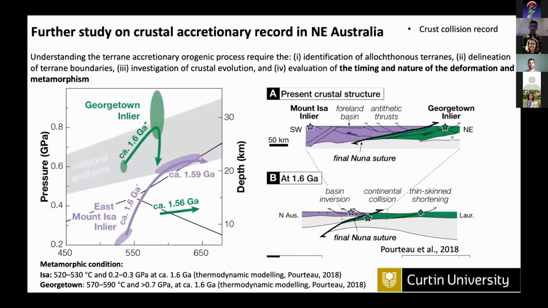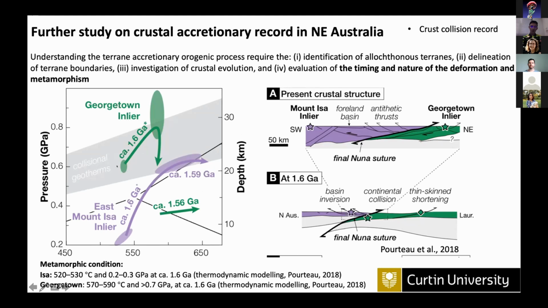The following work by Amari used pseudosection modeling to identify whether there was terrane accretion, what kind of metamorphic conditions there were, and what the collision signature was. He used the metamorphism study to recognize synchronous prograde metamorphism occurring in both the Mount Isa and Georgetown inlier.